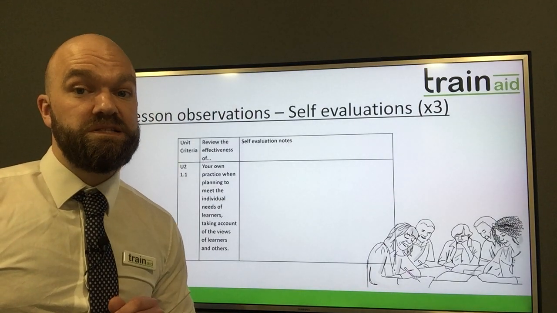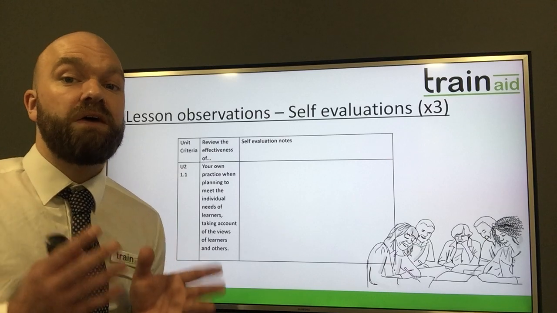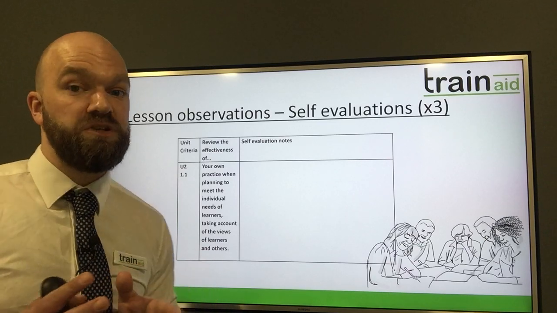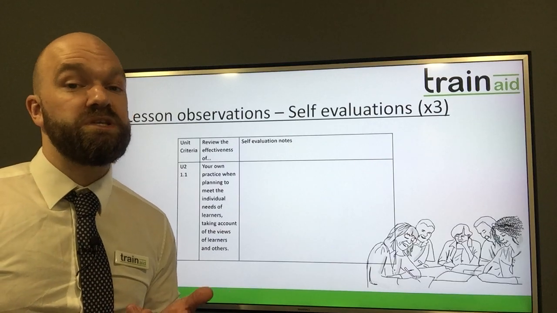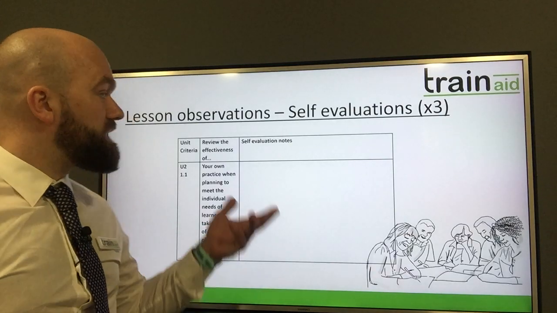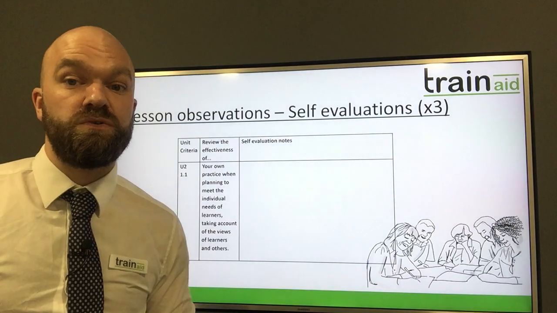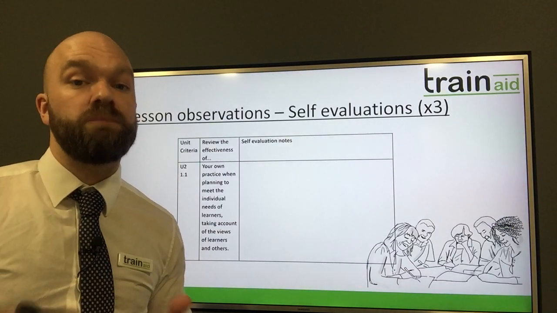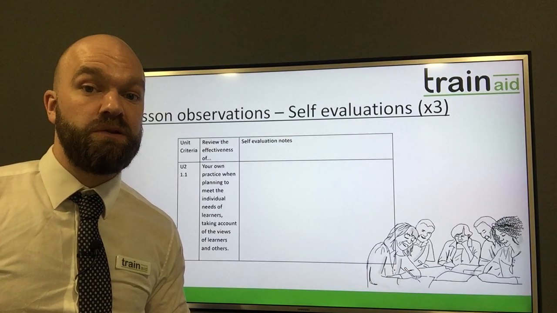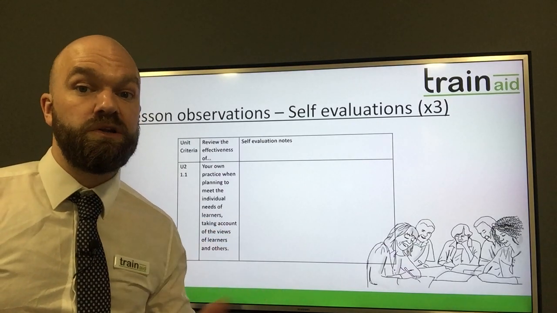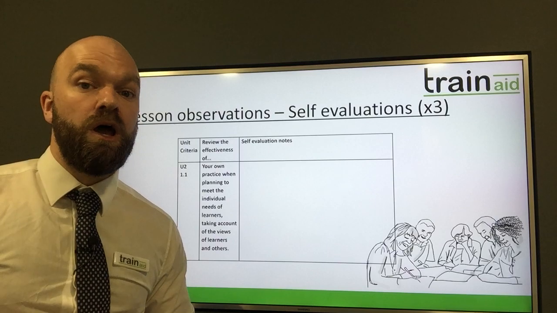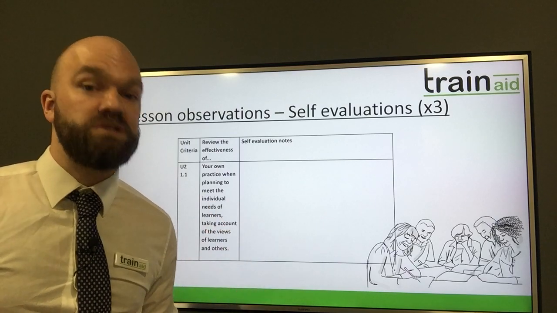The next section is a self-evaluation form. After every lesson observation, it's important that you take time to reflect on how the teaching went for you. This is our self-evaluation form, and it covers different elements of teaching. It looks at whether you were prepared in terms of your resources and whether the learners were engaged, so this is thinking about your own self.